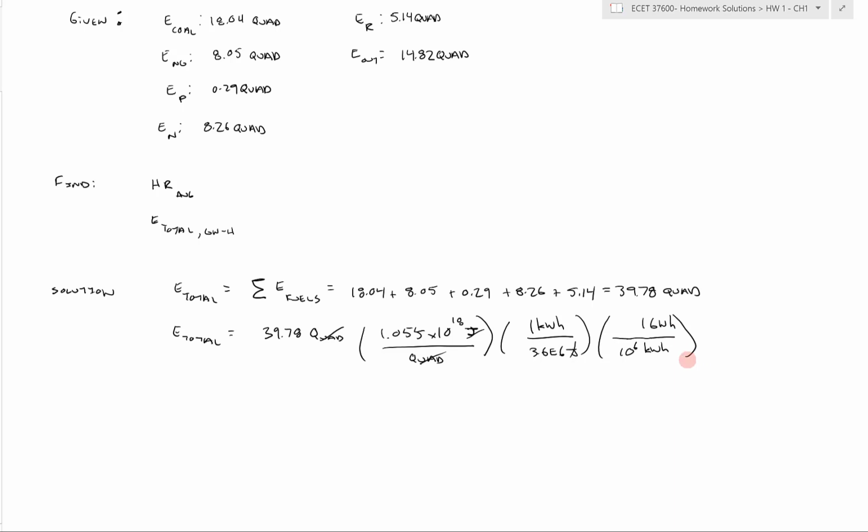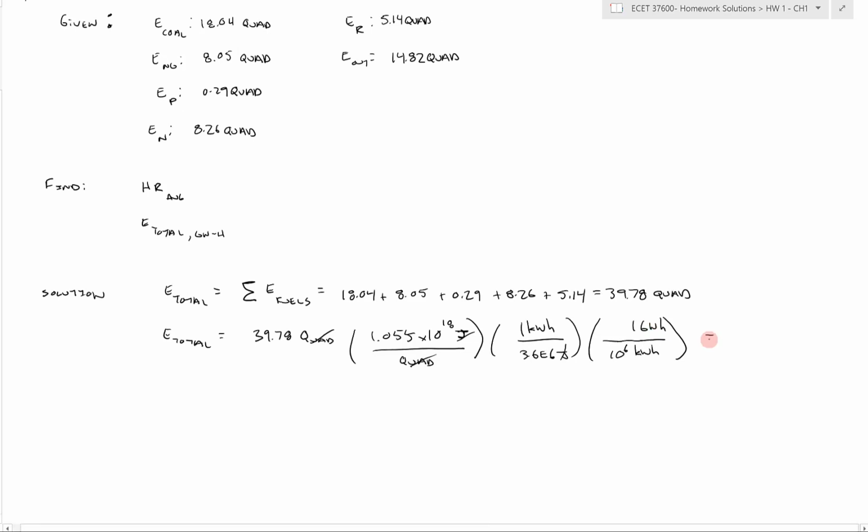So this is a multi-step energy conversion process where we're using joules as an intermediate energy unit. So we're going from quad to joules, from joules to kWh, from kWh to gigawatt hours, GWh.